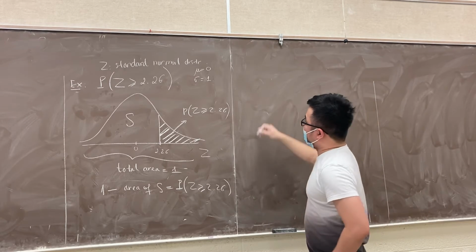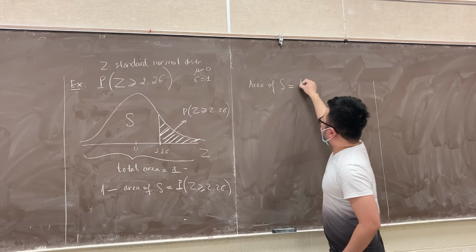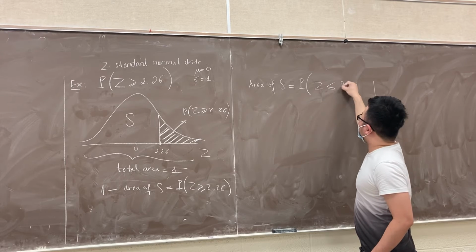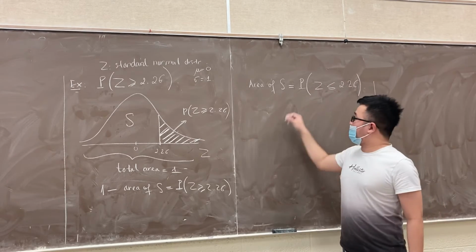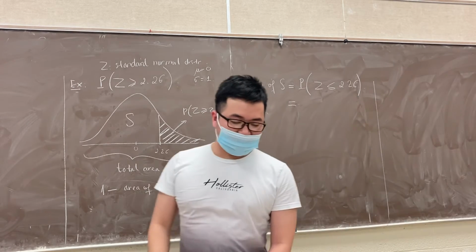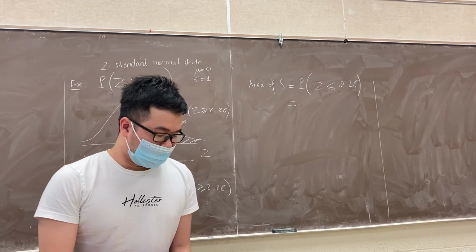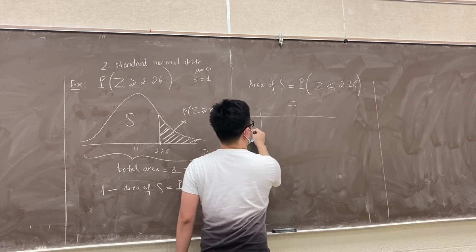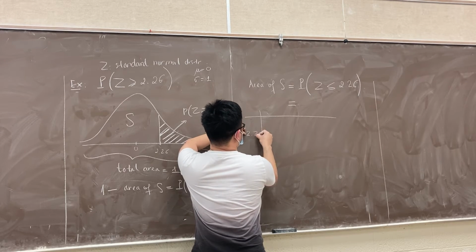So we see that the area of S here is equal to the probability of Z less than or equal to 2.26, right? So now we use the table to find it. To find this, you use this table, and you look at the row 2.2, right?